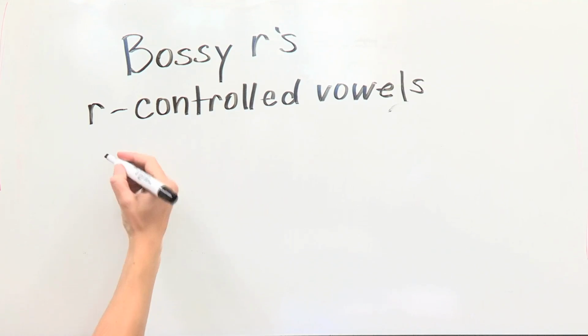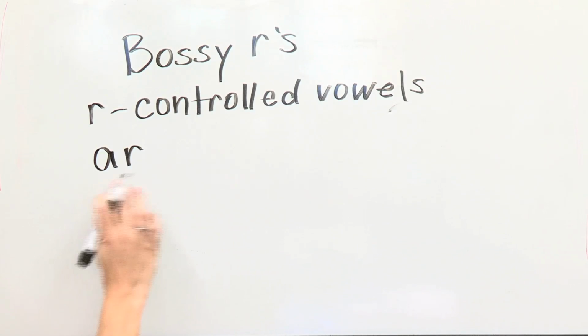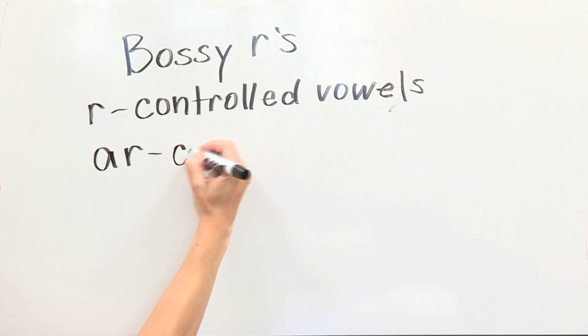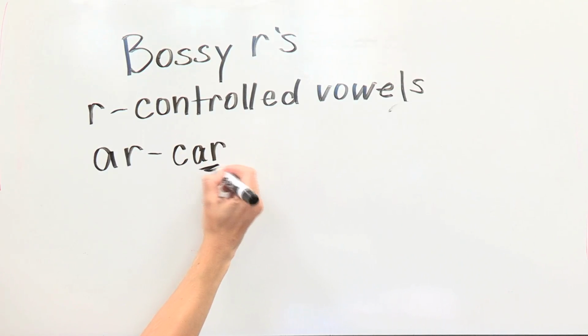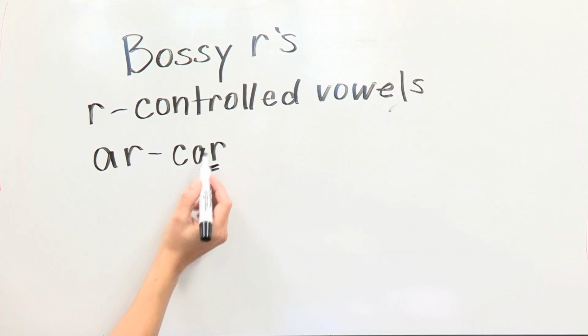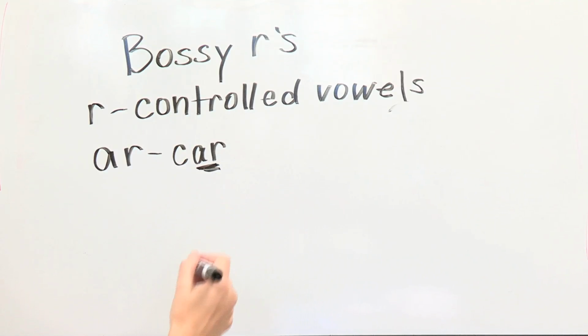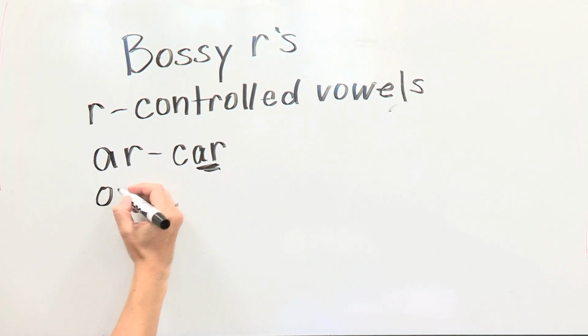So some examples we have are AR. Okay, that makes its own sound. Car. All right, the R is matched with the A, and if you notice, this is not a short A sound. It's a brand new sound. Which is called the Bossy R. Okay, OR.